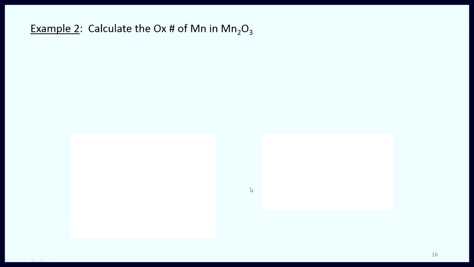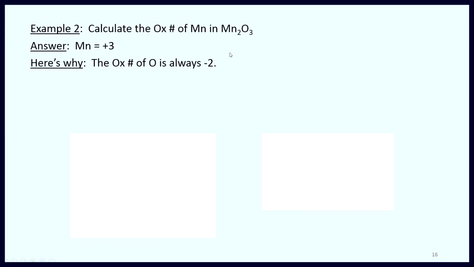Okay, in this next example, we are asked to calculate the oxidation number of manganese in Mn2O3. And the answer is that manganese is +3, but here's why. You see, the oxidation number of oxygen is always -2, and the total negative charge is -2 times 3, since there are 3 oxygens, for a grand total of -6.